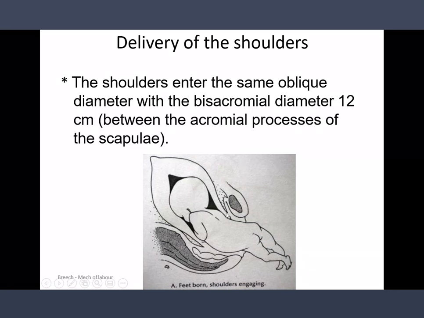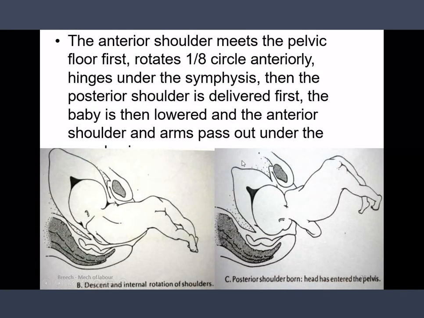It enters the pelvis in the same oblique diameter as the buttocks. So if the buttocks enter in the left oblique diameter, the shoulders will also enter in the left oblique diameter, because buttocks and shoulders are in the same plane. After engagement, there will be descent.